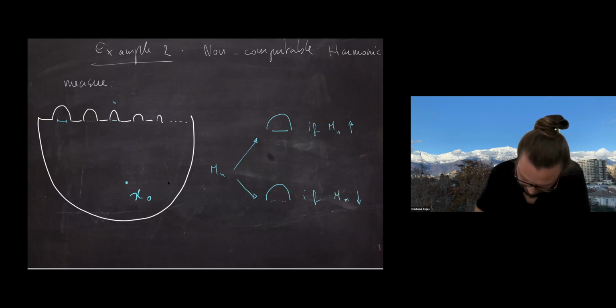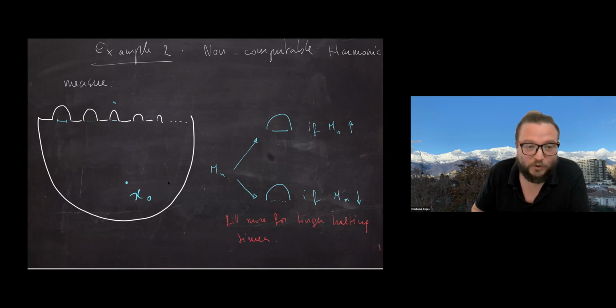And the idea, well, I'm not going to write precisely how it's constructed, but we fill more for longer halting times. Fill more means with more little dashes, right?